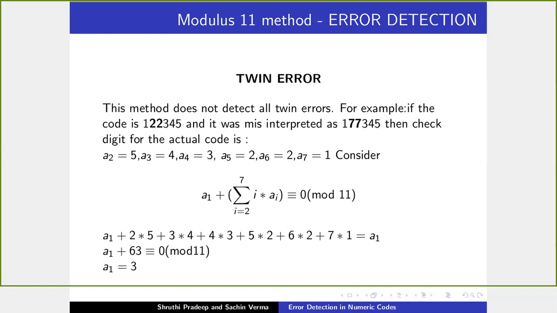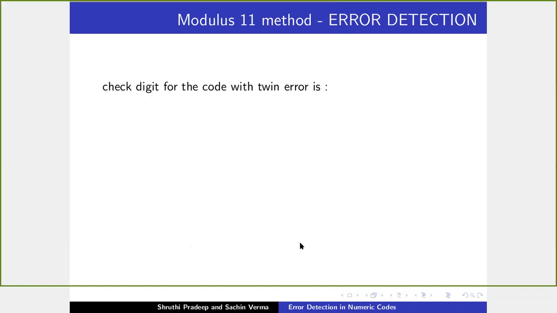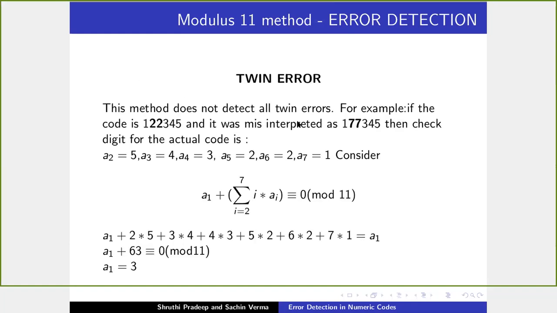So 2 into 11 becomes congruent to 0 mod 11, and it is not contributing to the sum. I hope you've noticed that, everyone. Did it make sense? So the reason why it doesn't work is because of this. Next slide.